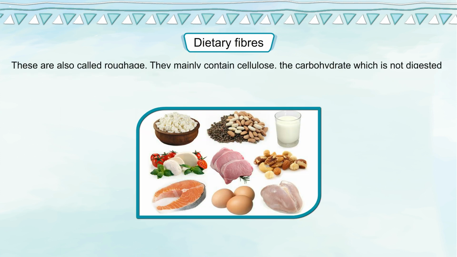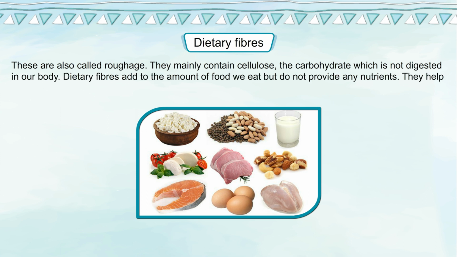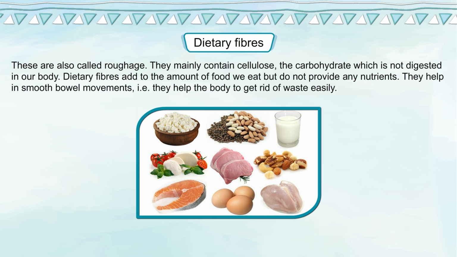Dietary fibers. These are also called roughage. They mainly contain cellulose, the carbohydrate which is not digested in our body. Dietary fibers add to the amount of food we eat, but do not provide any nutrition. They help in smooth bowel movements.